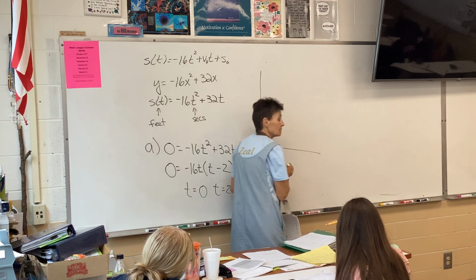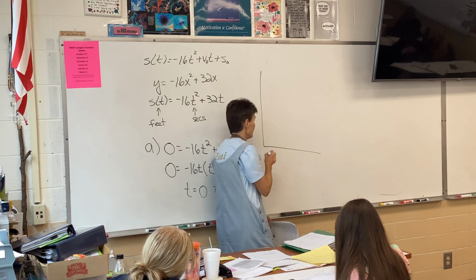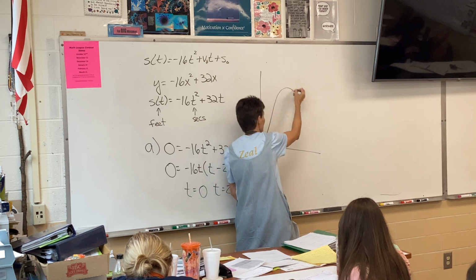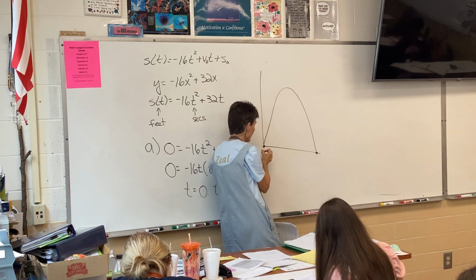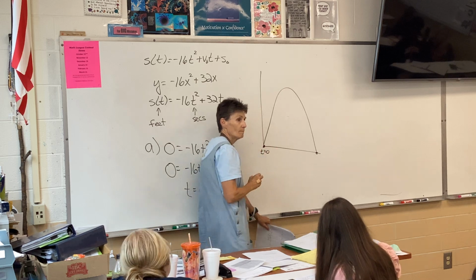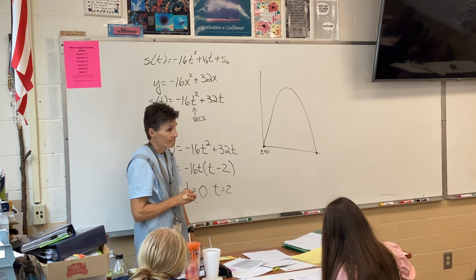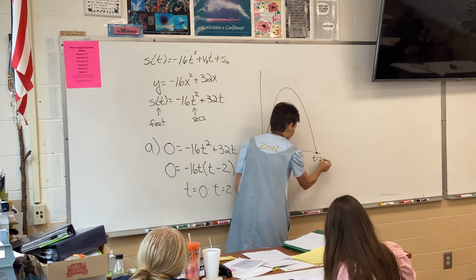Now wait a minute. Where does our rock start? On the ground. So the rock starts right here, and then somebody throws it up and it comes back down. Does it make sense that one of your answers is 0? Because that's where the ball started, right? And then again at 2. Okay.